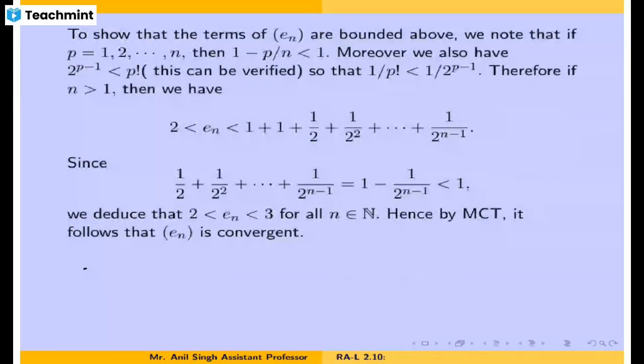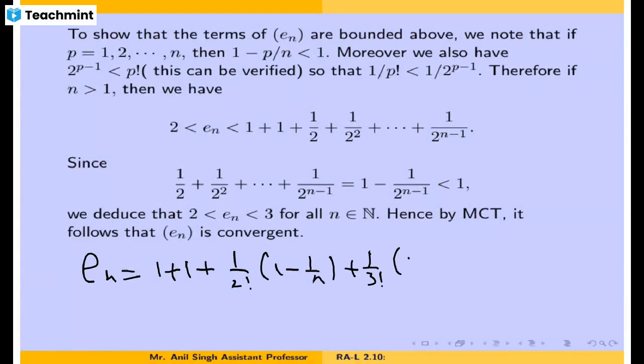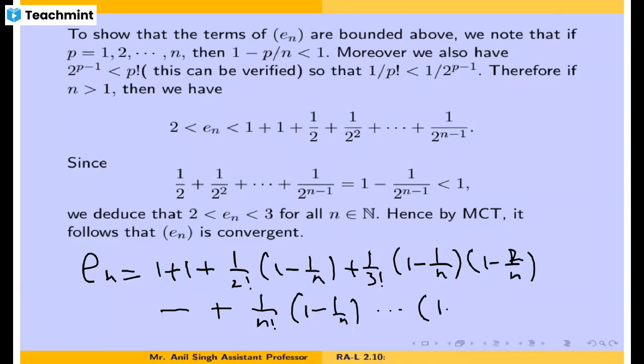What we have, E_n is equal to 1 plus 1, plus 1 by 2 factorial times (1 minus 1 by n), then 1 by 3 factorial times (1 minus 1 by n)(1 minus 2 upon n), and so on. The last term has 1 upon n factorial times (1 minus 1 by n) and so on, the product up to (1 minus (n minus 1) upon n).